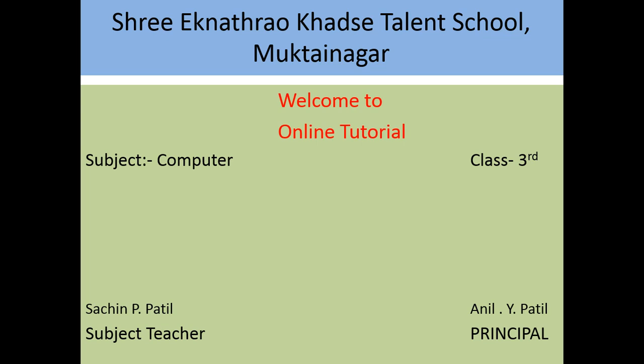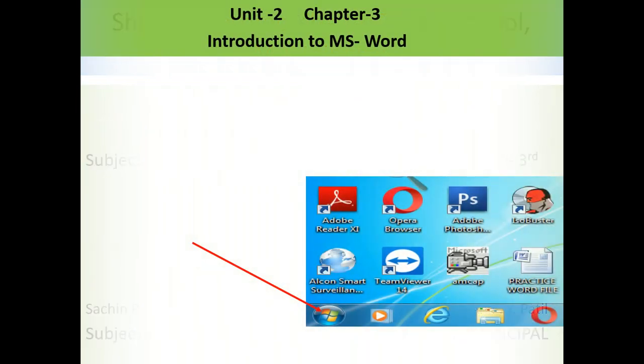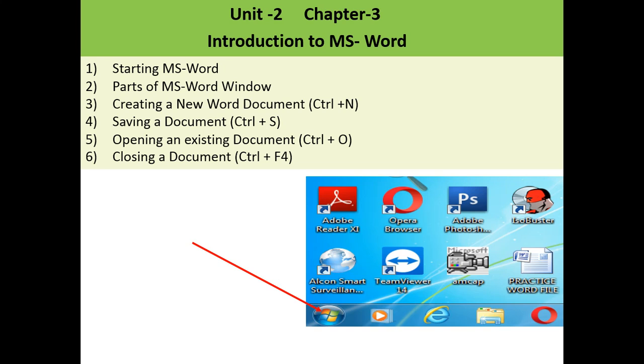In this session, we are going to learn our next chapter 3rd, Introduction to MS Word. In this chapter, we are going to learn six topics. First topic is starting MS Word.